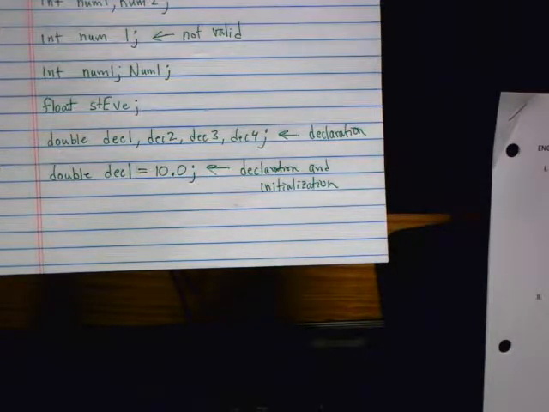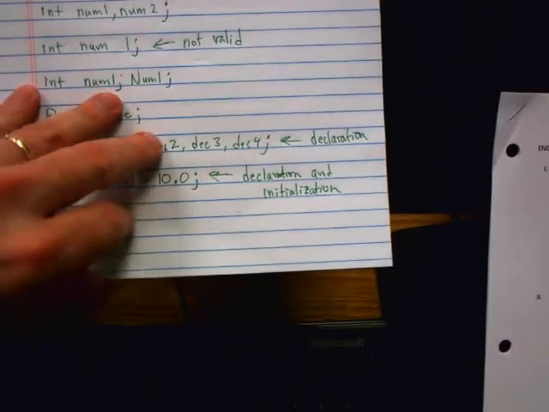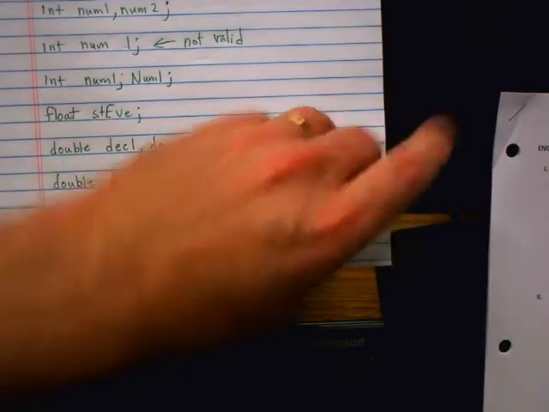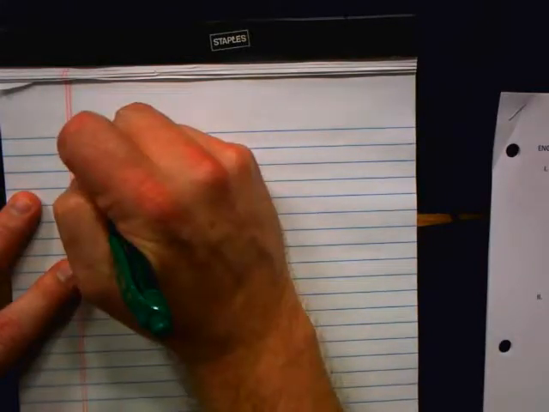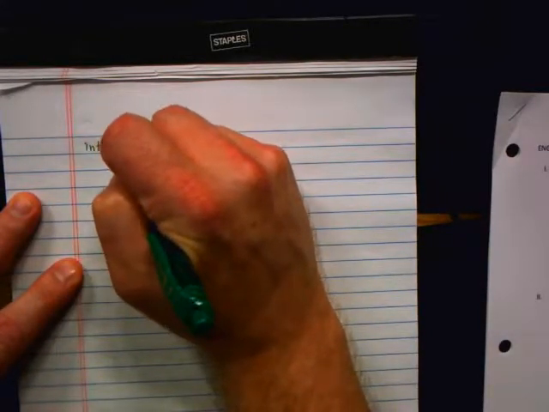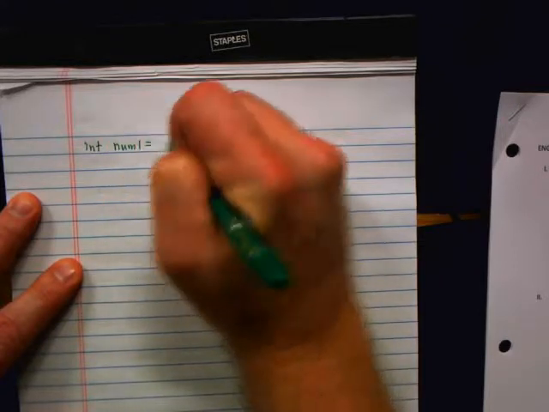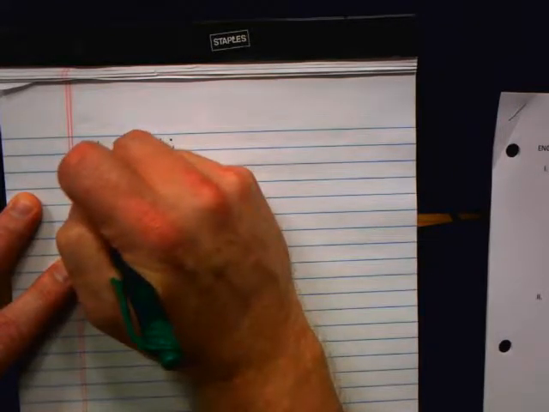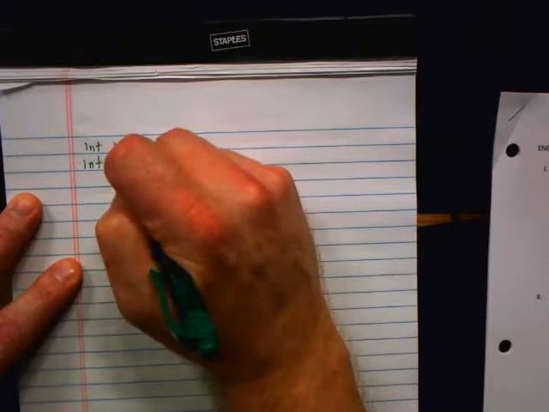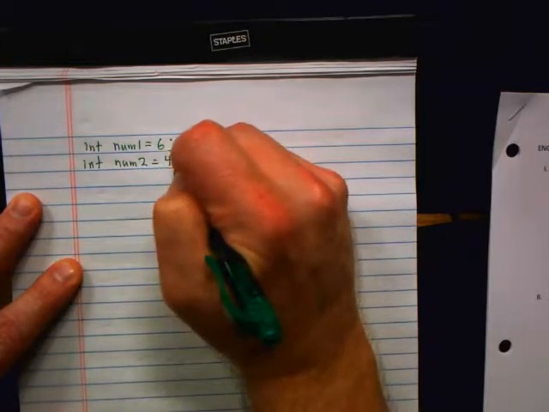No, it's not a reasonable that we did our quotient. All right, so what he's talking about is when you use integer type variables, you need to be very, very careful if you're going to use division. So let's say I do int num1 equals 6, and then I do another line that says int num2 equals 4.